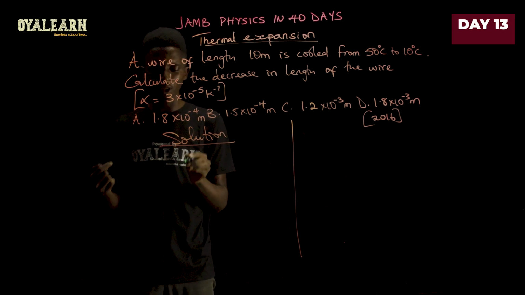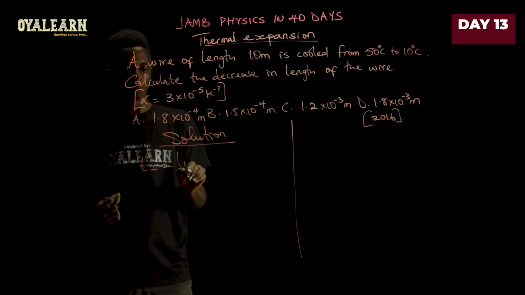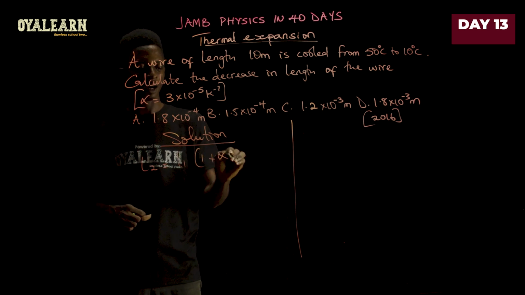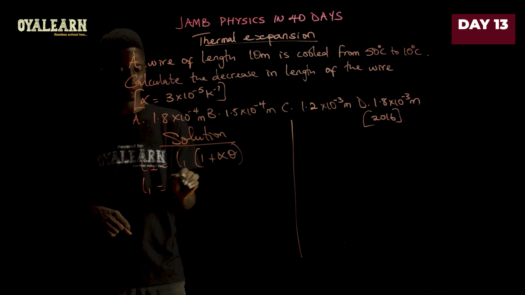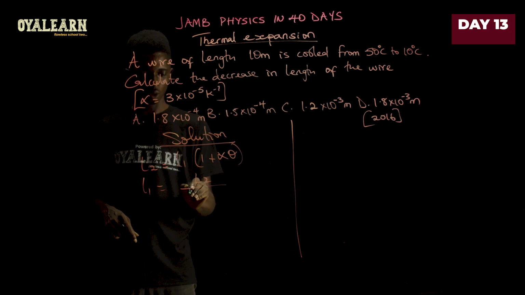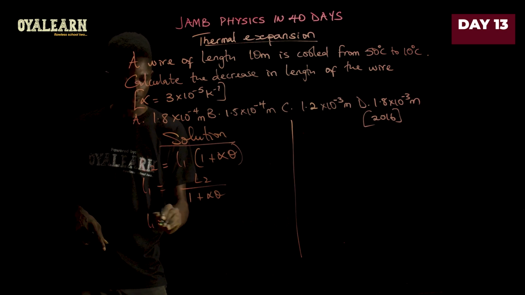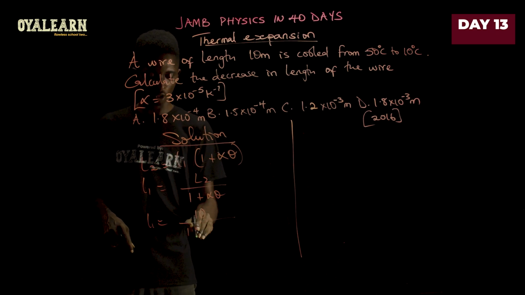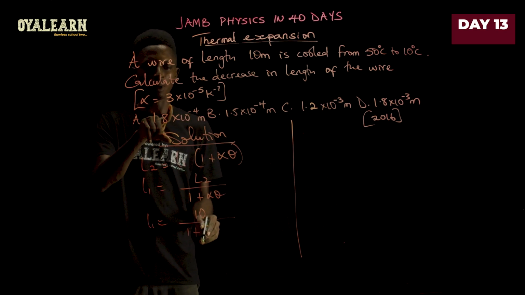So now we know that L2 is supposed to be L1 into 1 plus alpha theta, right? So let's find L1. L1 would therefore be L2 divided by 1 plus alpha theta. Now L2 is 10 divided by 1 plus. Now alpha is 3 times 10 to the power minus 5.